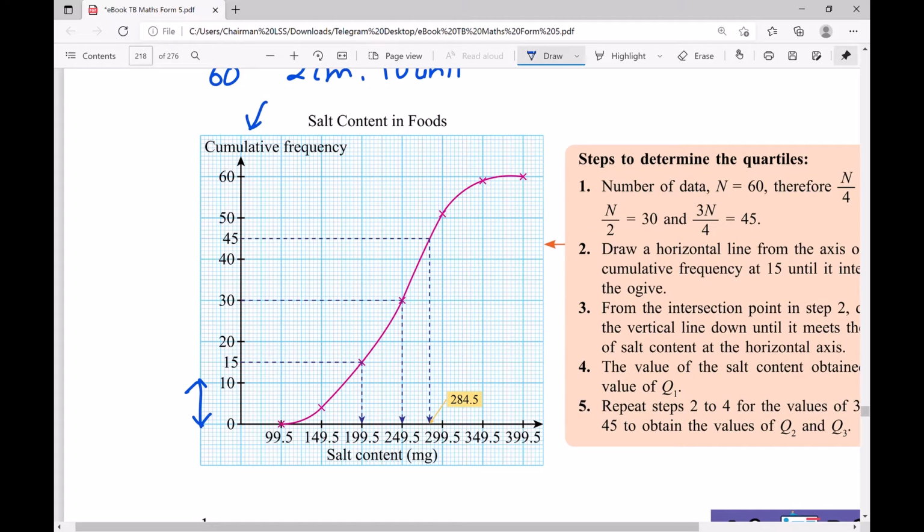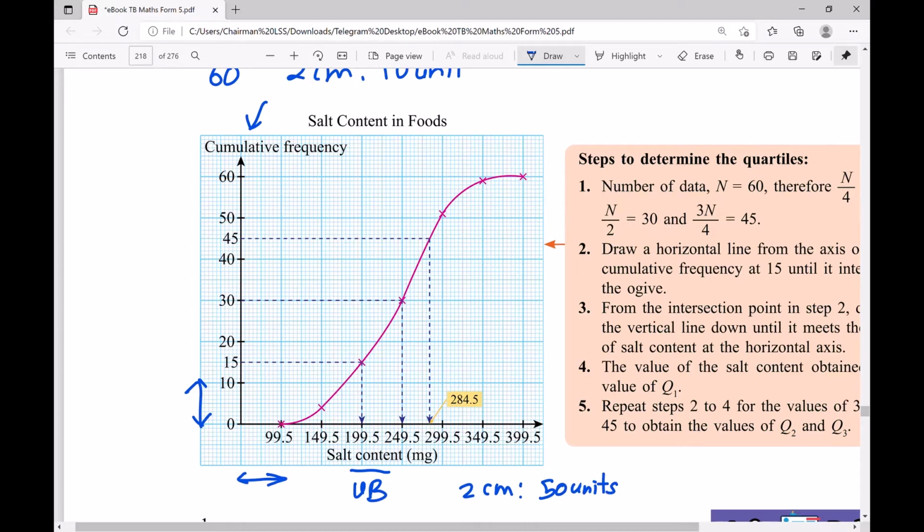For your salt content, the upper boundary, you can use 2 cm to 50 units.